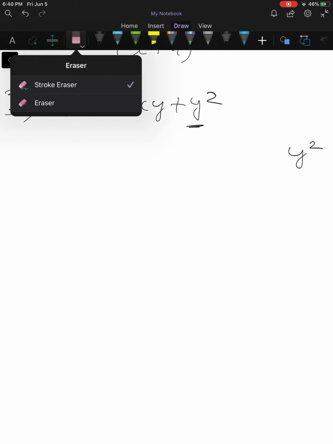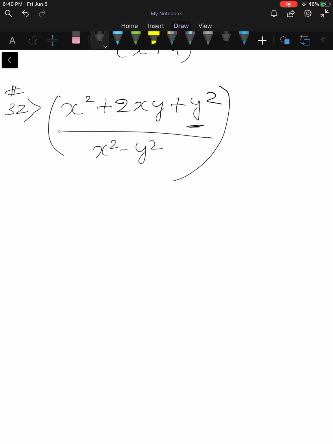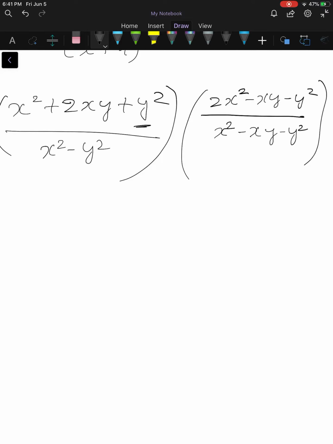Sorry, this is not it. We are talking about multiplying rational expressions. So this continues, divided by x square minus y square times 2x square minus xy minus y square divided by x square minus xy minus y square.